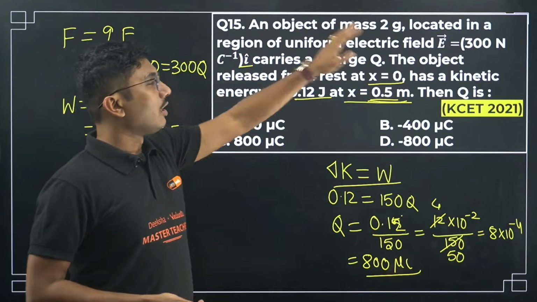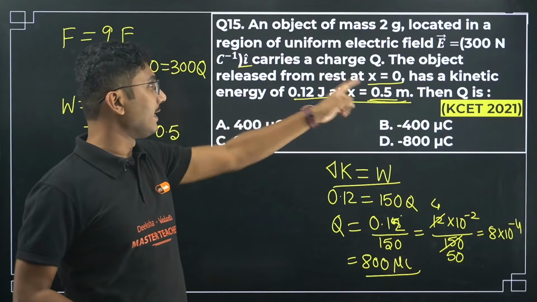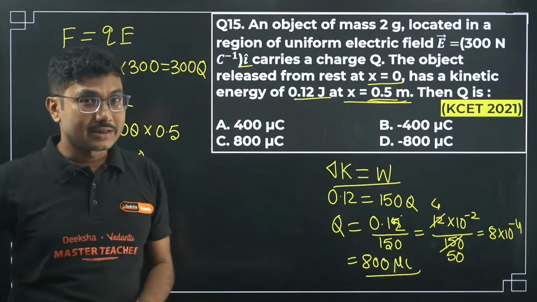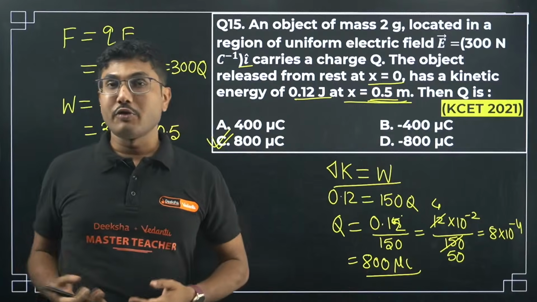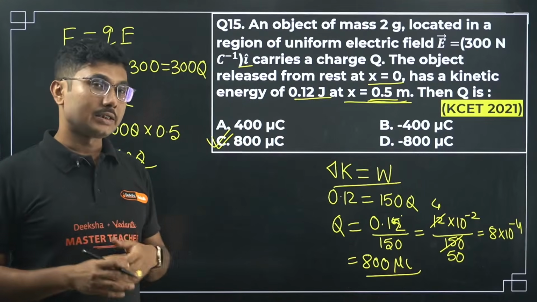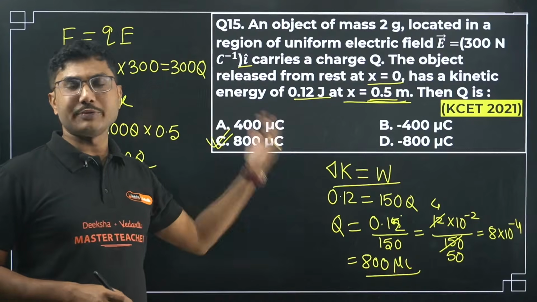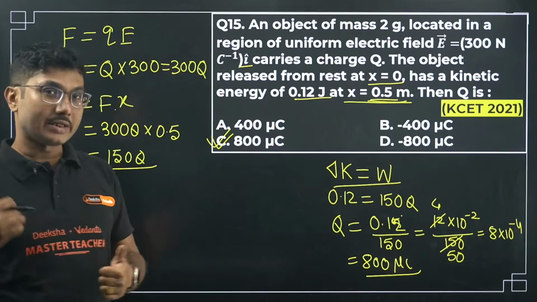If the same question was asked in such a way that this x is negative, then the charge would have been negative. So always look for the hints given in the question, whether it is a positive or negative charge. Sometimes after solving it you find positive, but based on the particular question it can be a negative charge as well.